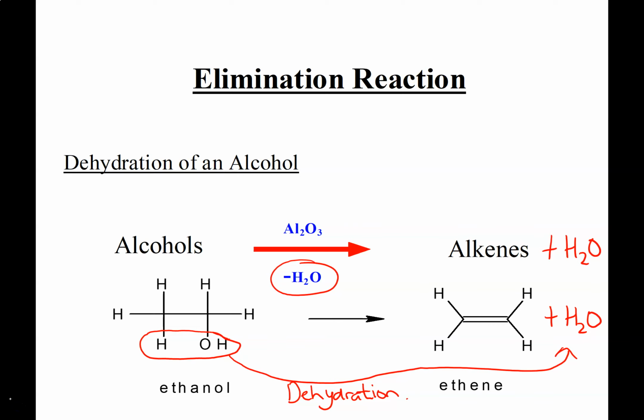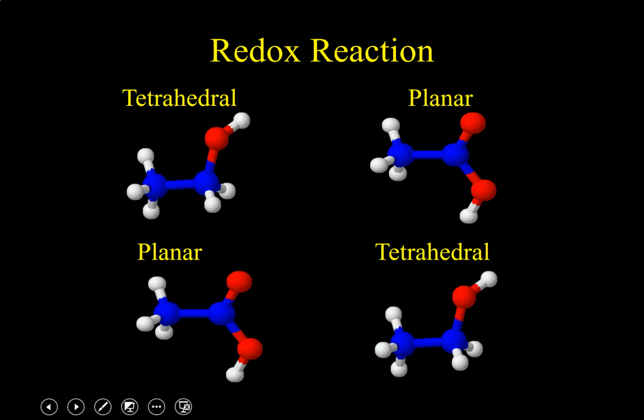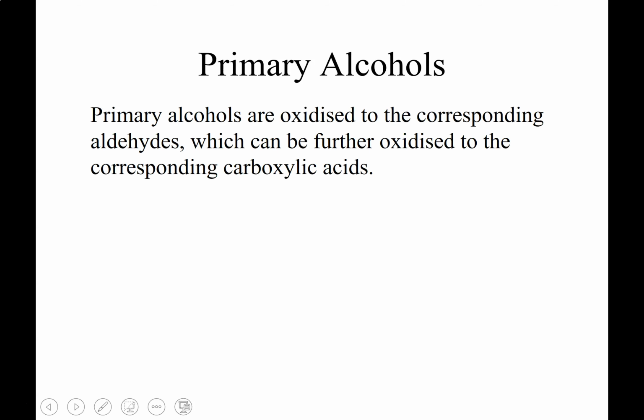Okay, and next we are going to look at our redox reactions. So first we're going to look at primary alcohols. So when we look at primary alcohols and redox reactions, primary alcohols are oxidized to the corresponding aldehyde, which can be further oxidized to the corresponding carboxylic acid.